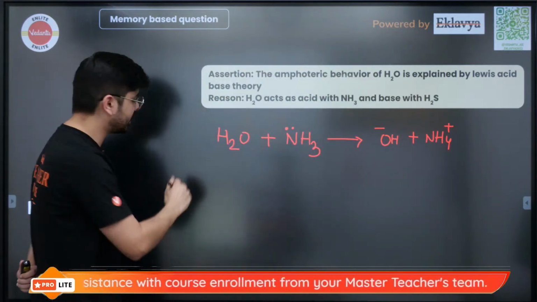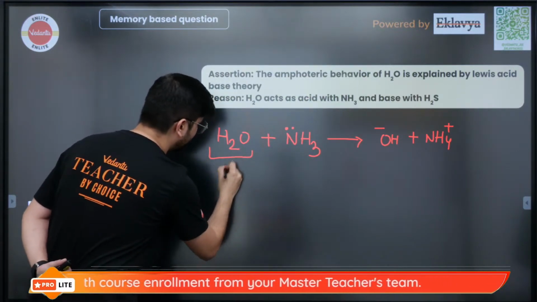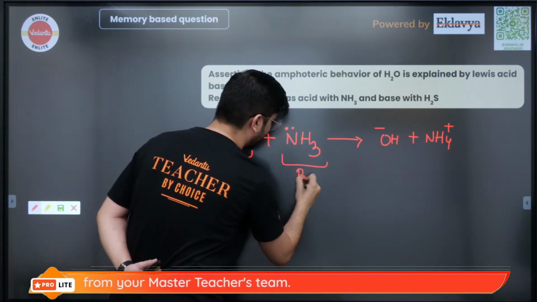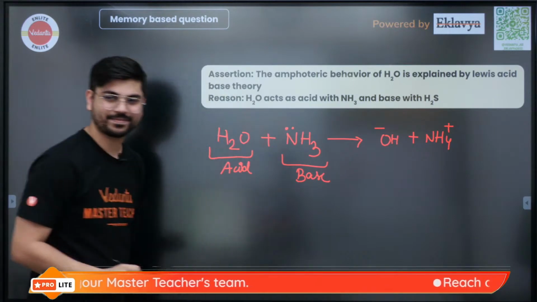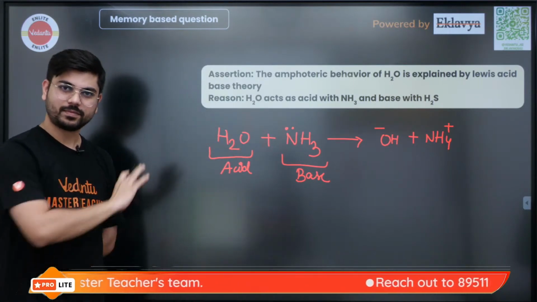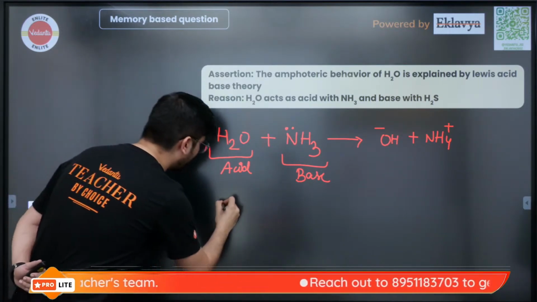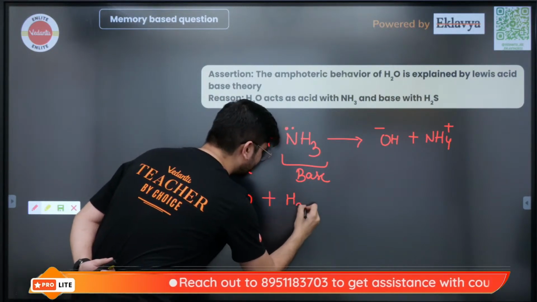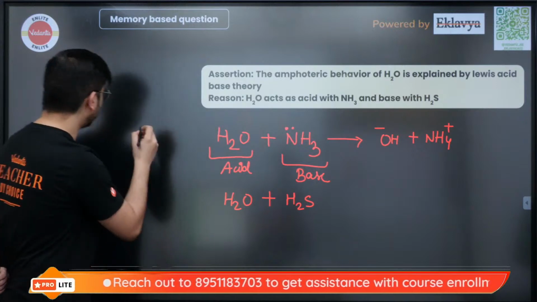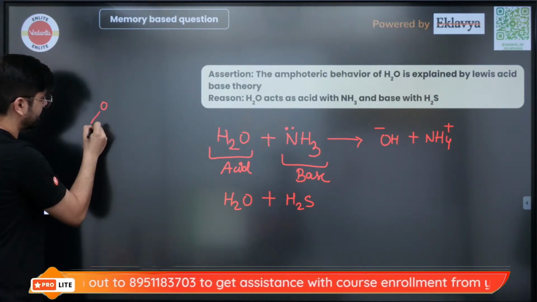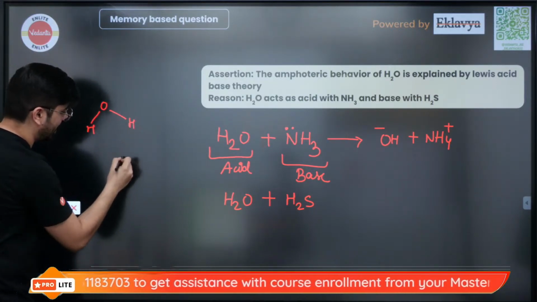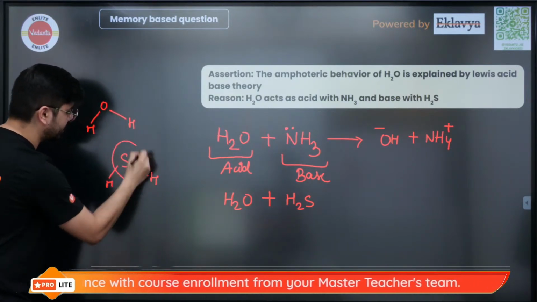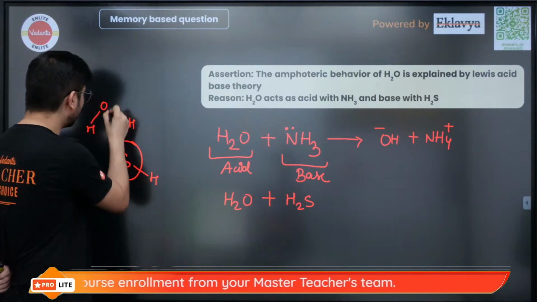So in this case, water is behaving like an acid and ammonia is acting as a base. Very easy. Now if I treat water with H2S, you have to understand this is water and this is sulfur. Sulfur is a bit bigger than the oxygen atom.